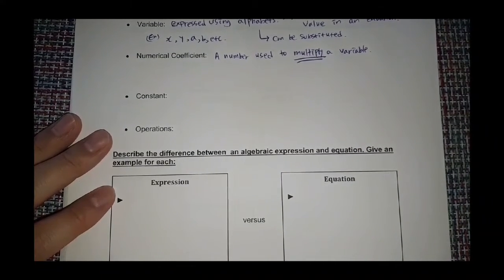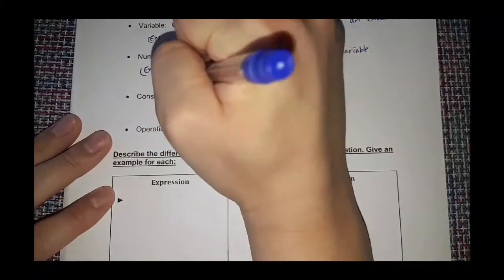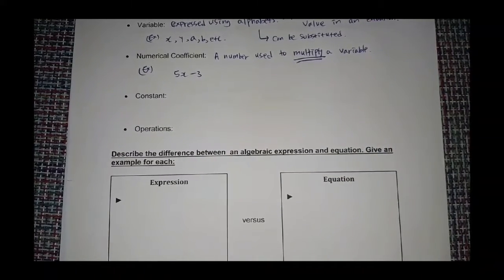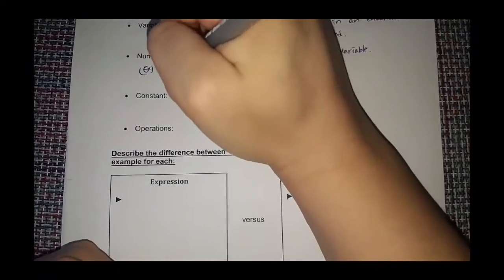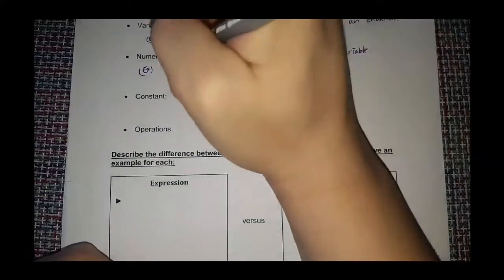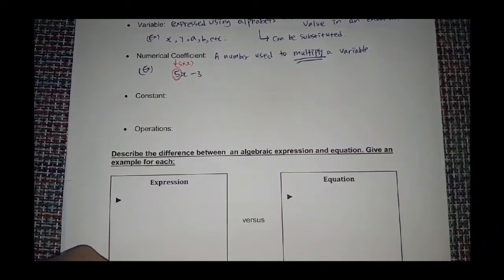For example, if I have 5x minus 3, then our numerical coefficient is specifically this 5 because we are talking about 5 times x in that situation, and multiplication plays such a huge role.